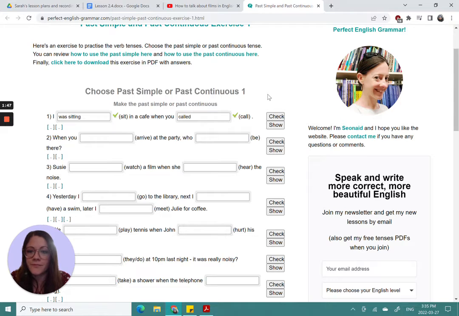You need to decide which one is the past simple and which one is the past continuous. Which one was happening over a length of time in the past, and which of them was just a happen-and-finish-right-away action. So in this one, the first verb was past continuous, the second verb was past simple.